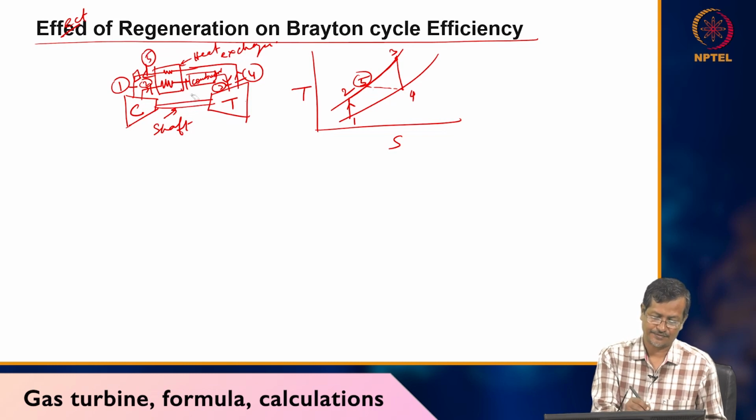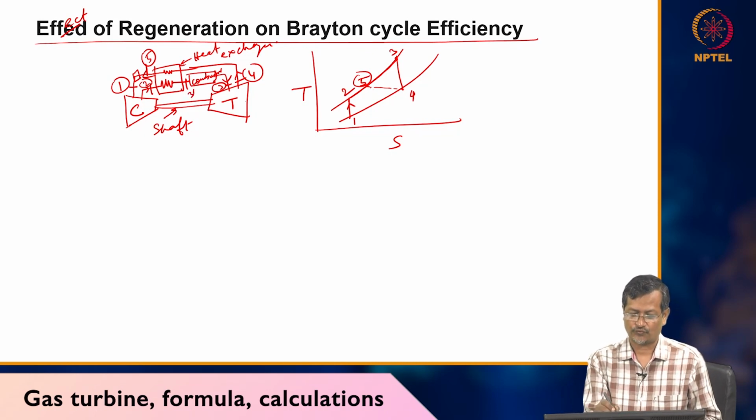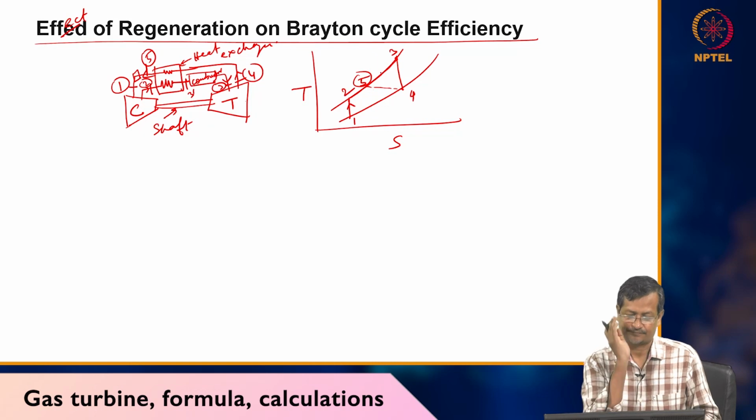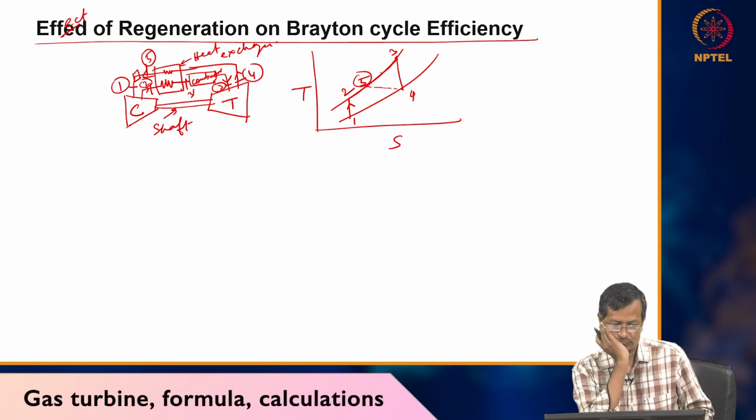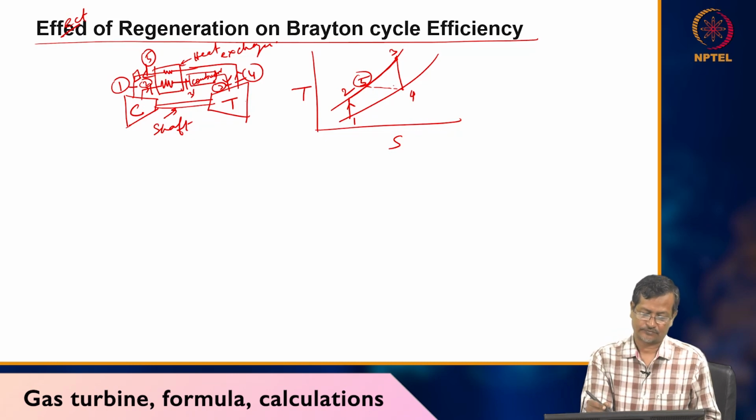This is 5 you are saying. Maybe we can make it 3 dash. So 4 to 5. No, 4 and 5 pressure is the same, no? 4 to 5 pressure is the same. Why would pressure be changing? Right? 4 to 5 pressure is not changing.